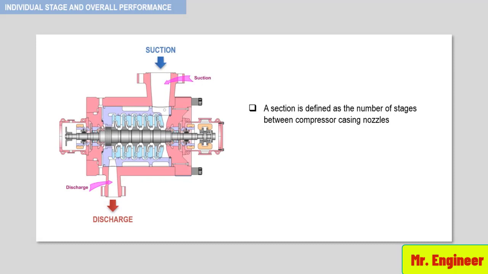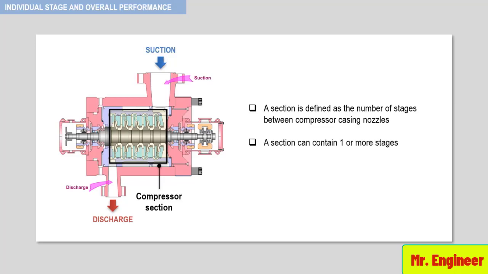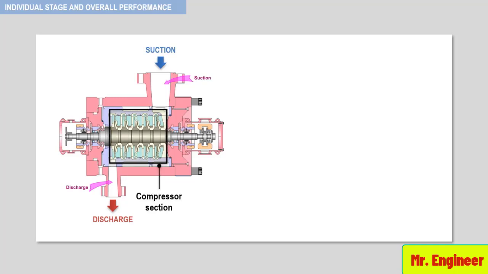In this cut-section view of a typical multi-stage centrifugal compressor, the compressor section is highlighted here. A section can contain one or more stages, and its performance is defined by the section curve. Here you can take a closer look at this compressor section, with the casing and other internals removed.